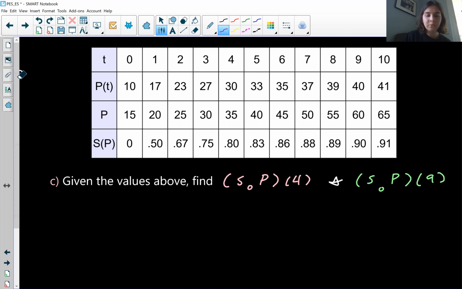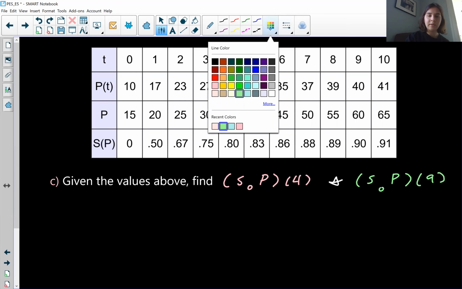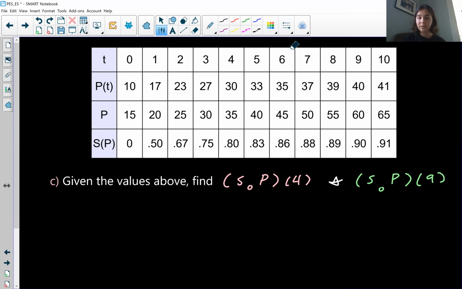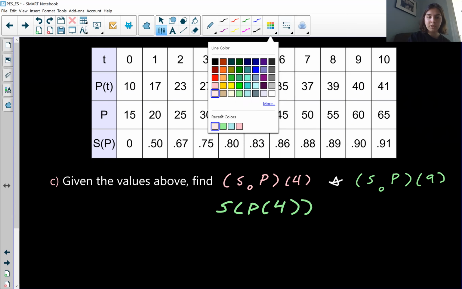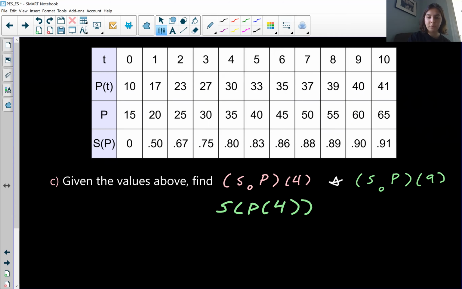And then I'm just going to go through these relatively quickly, but another way that you're going to see compositions is on like a table or a graph. So I just want to kind of give some exposure to that. This table took me forever. Please appreciate it. Anyways, given the values above, we want to find S of P of 4. All right. So first things first, we want to know what P of 4 is.